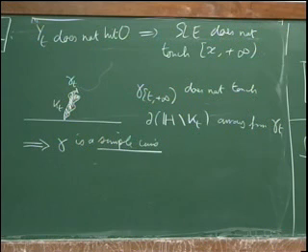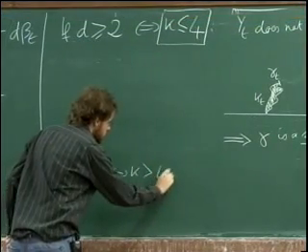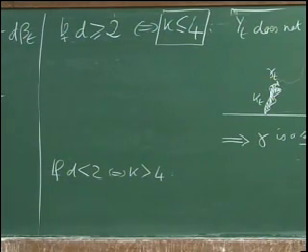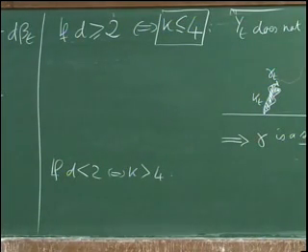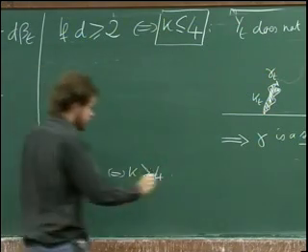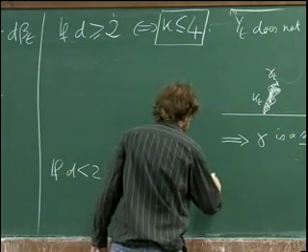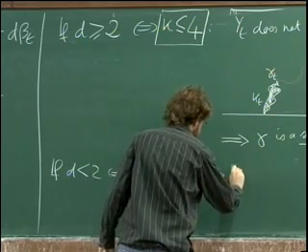Now the other regime is when the dimension of the Bessel process is less than 2. So if d is less than 2, meaning that kappa is bigger than 4, then you know that the Bessel process will touch 0 in finite time, almost surely. So yt does hit 0.